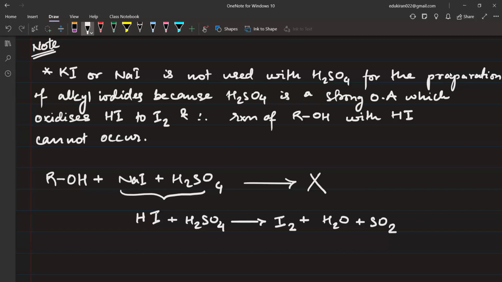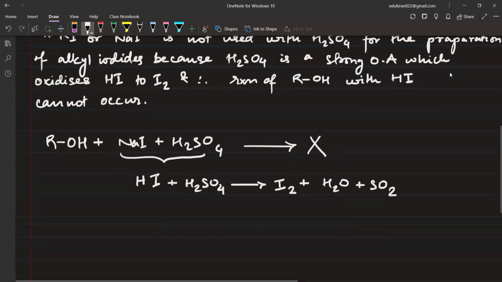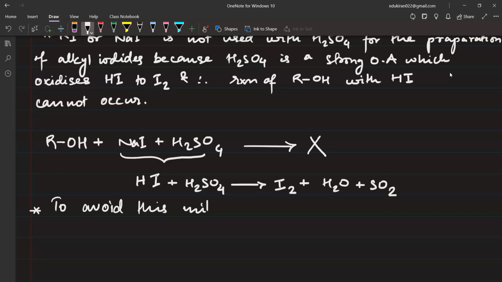Now, in order to avoid this, since H2SO4 is causing the problem because it is a strong oxidizing agent, we use a mild oxidizing agent such as H3PO4.